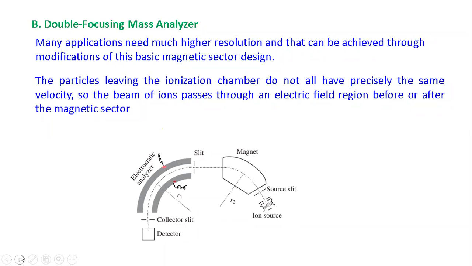So the beam of ions passes through an electric field that is added in the magnetic sector analyzer. Okay, so the beam of ions, whatever has been produced in the ionization chamber, has to pass through another electric field, and that field was absent in the case of the regular magnetic sector analyzer. So we have added an electric field.